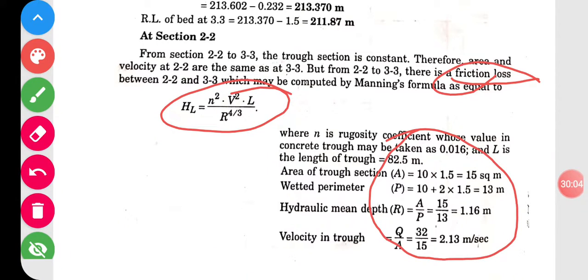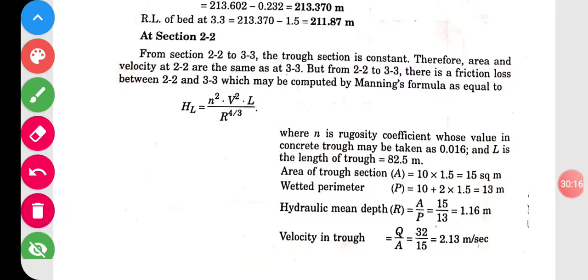And the hydraulic mean depth, that you have to calculate. Velocity in trough is to be calculated, that is Q upon A. So by using these simple formulas, you have to determine all those things and put them over here. By putting them here, you will get the velocity and the loss of head due to friction. So this one is the loss of head due to friction.